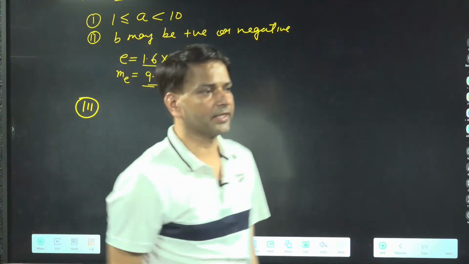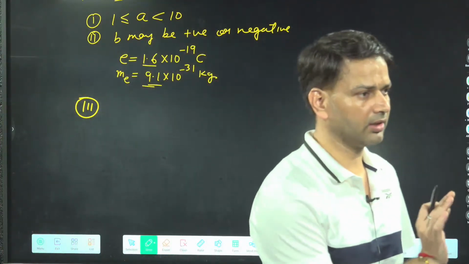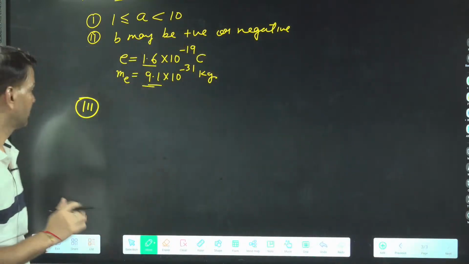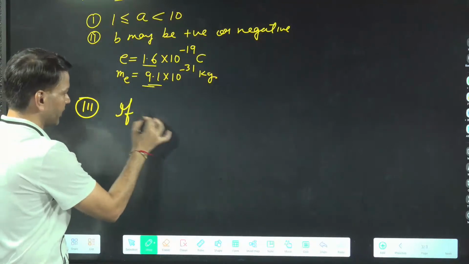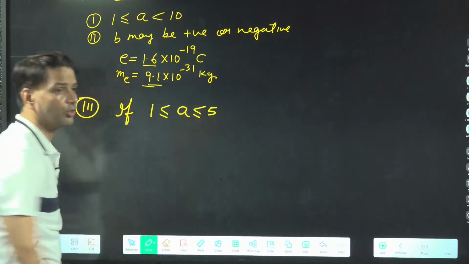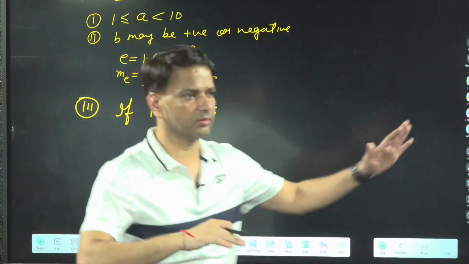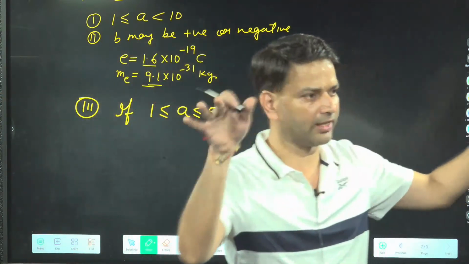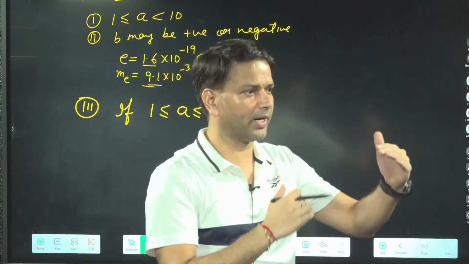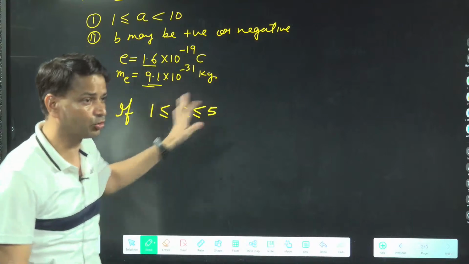So for the order of magnitude, we have to follow one rule in NCERT. The range of the value of A is 1 to 10, but they are dividing A into two parts.